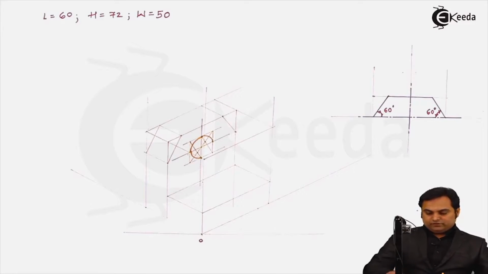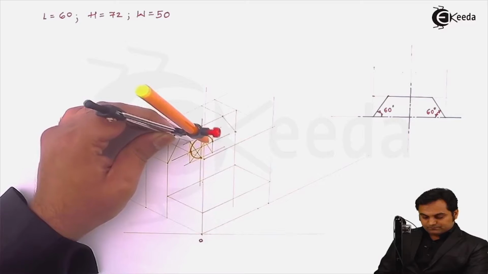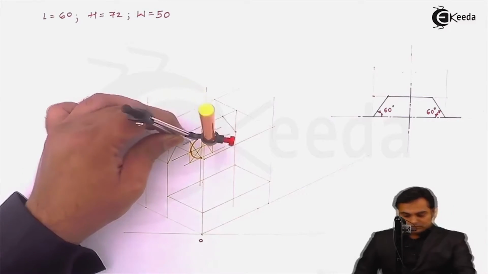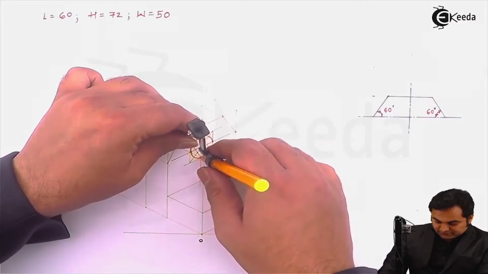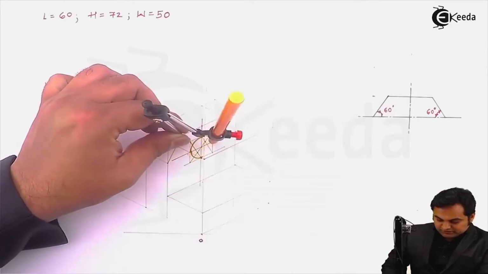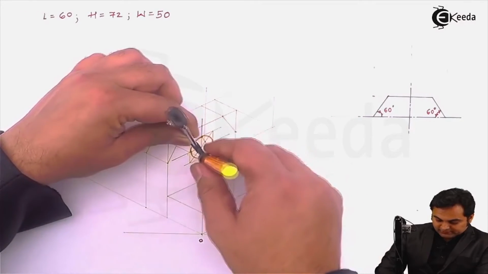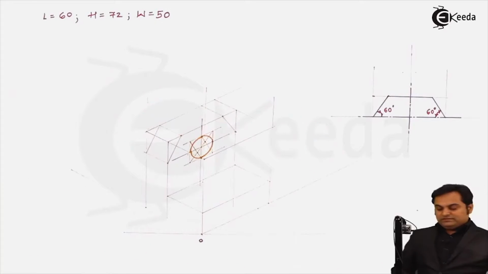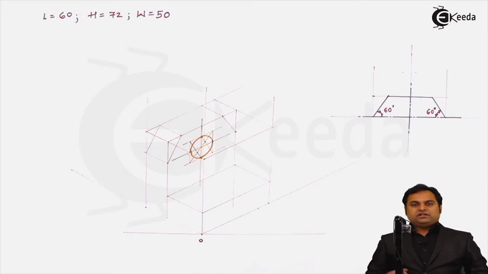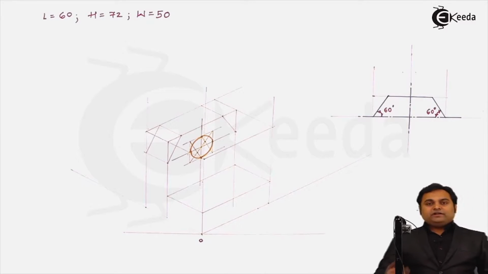Next, from the opposite corner to this center, take this center and this much radius, that is up to these points. Draw a light arc. Now once I have drawn this circle, in case of isometric view, light, now I can make it dark.